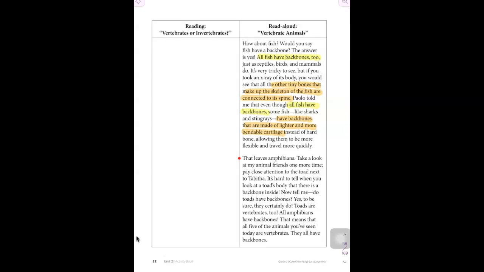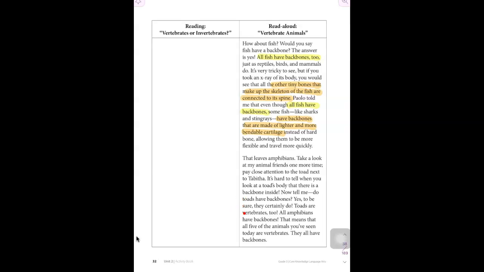That leaves amphibians. Take a look at my animal friends one more time. Pay close attention to the toad next to Tabitha. It's hard to tell when you look at a toad's body that there is a backbone inside. Now tell me, do toads have backbones? Yes, to be sure, they certainly do.